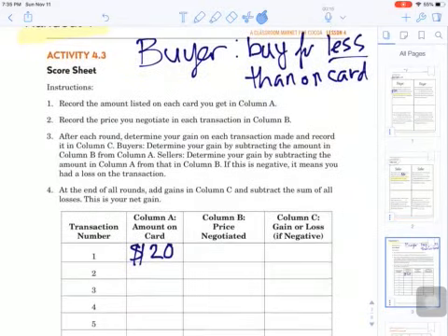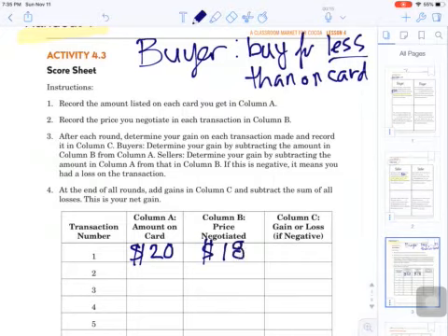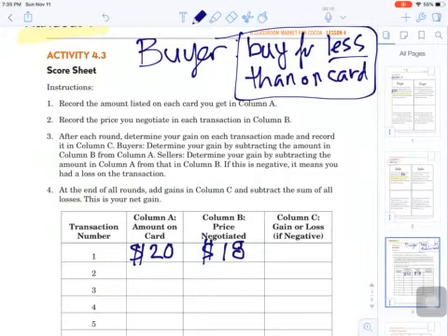So if this was the buyer's record piece, and they ended up buying it for $18, then because they're trying to buy it for less than what's on the card, they're at a positive. They gain $2, because they have two extra dollars in their pocket. That's one way of thinking about it.